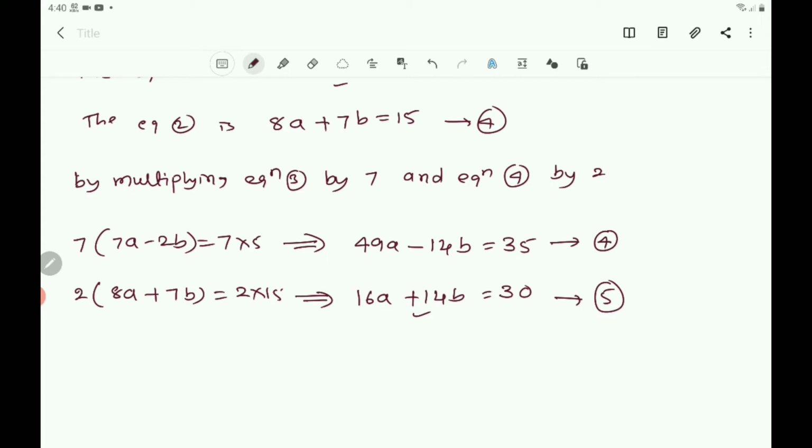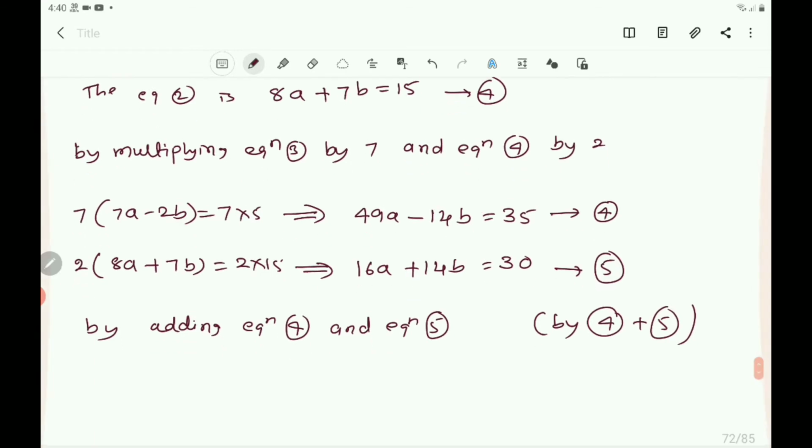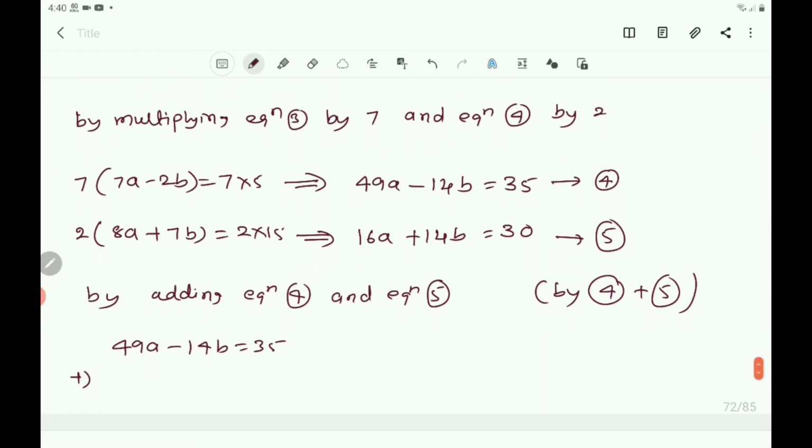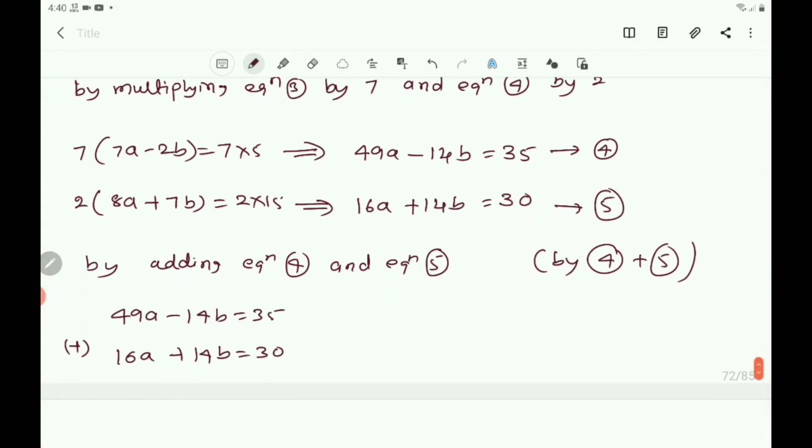So by adding equation 4 and equation 5, you write 49a minus 14b equals 35, and 16a plus 14b equals 30.